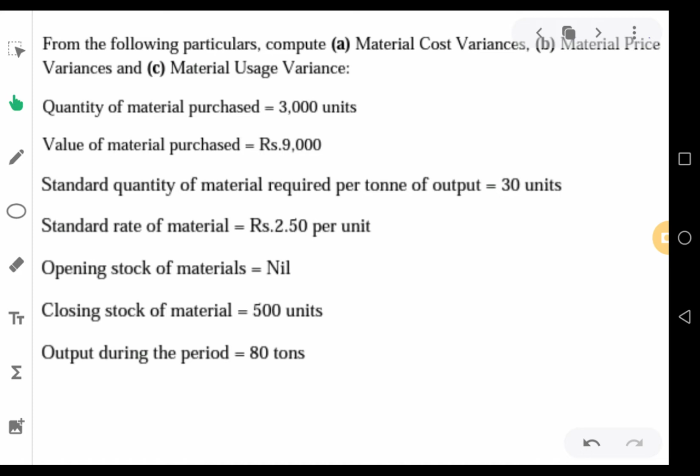And what are all the things they have given, what data they have given for us in the question? Let us see. Quantity of materials purchased. Be very careful, this is not the quantity of materials used. Instead, this is the quantity of the materials purchased.